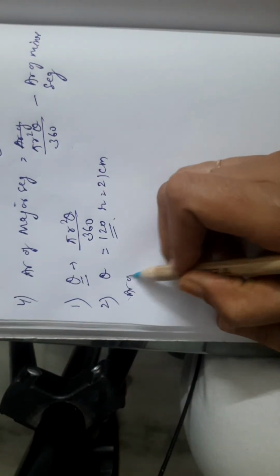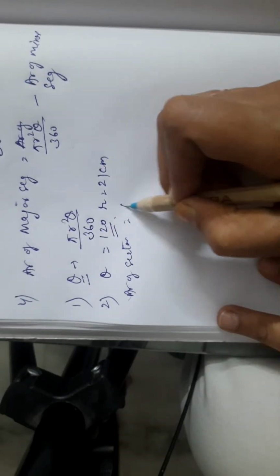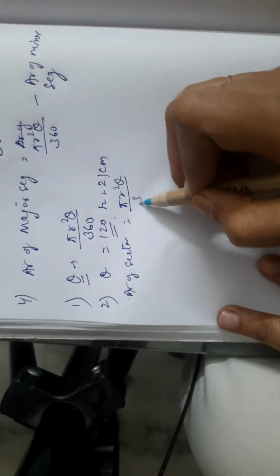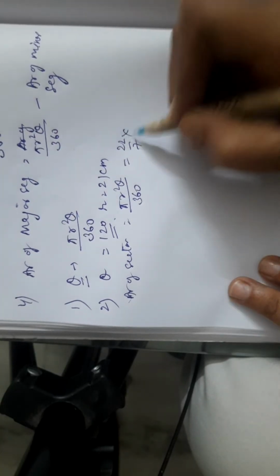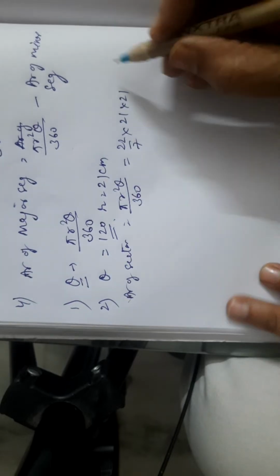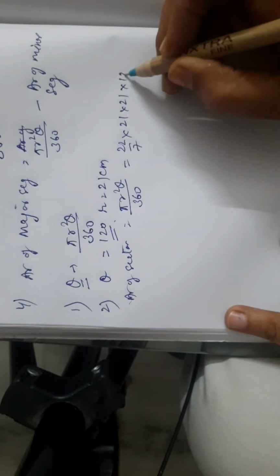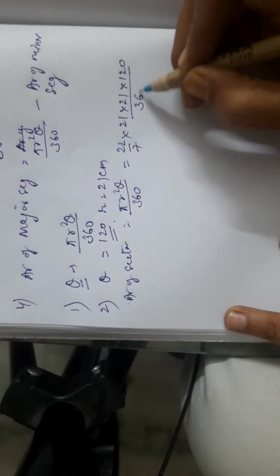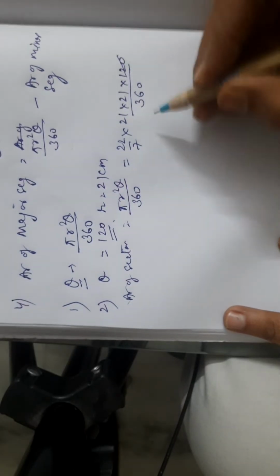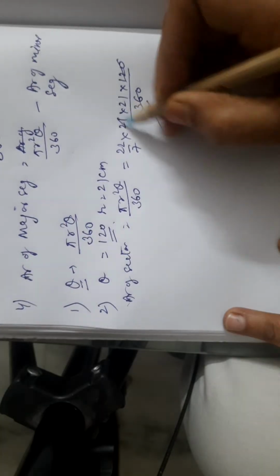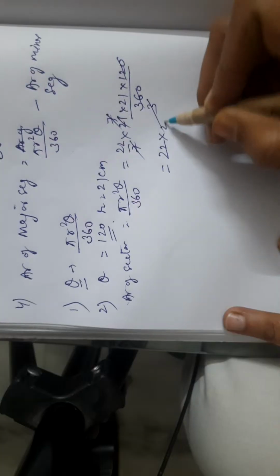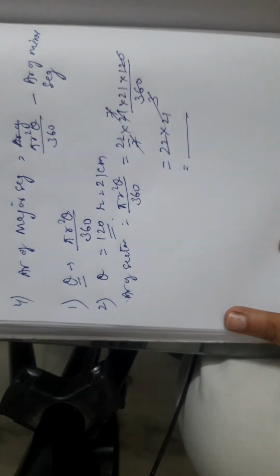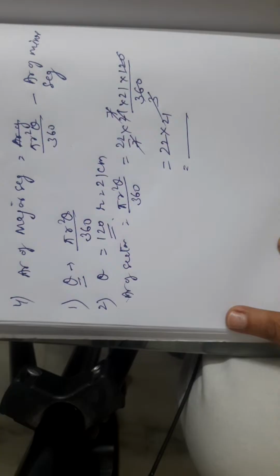So the formula of area of sector, pi r square theta by 360, pi 22 by 7, radius is given 21, theta is 120, whole divided by 360. So here 12 3s are 36, 3 7s are 21, 7 7 got cancelled. So the final answer will be 22 multiplied by 21. So in this way you can calculate answers very simply.